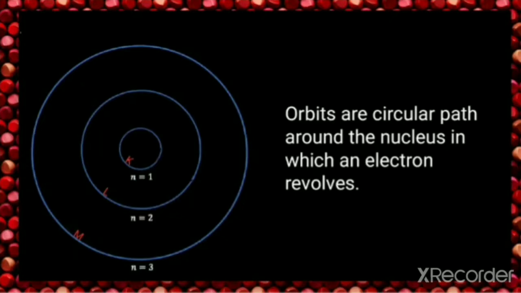These orbits are numbered as n equal to 1, n equal to 2, n equal to 3. That means it is numbered 1 for the orbit nearest to the nucleus, then second is given to the next, third is given to the next. Similarly, it is also named as K, L, M, N and so on.